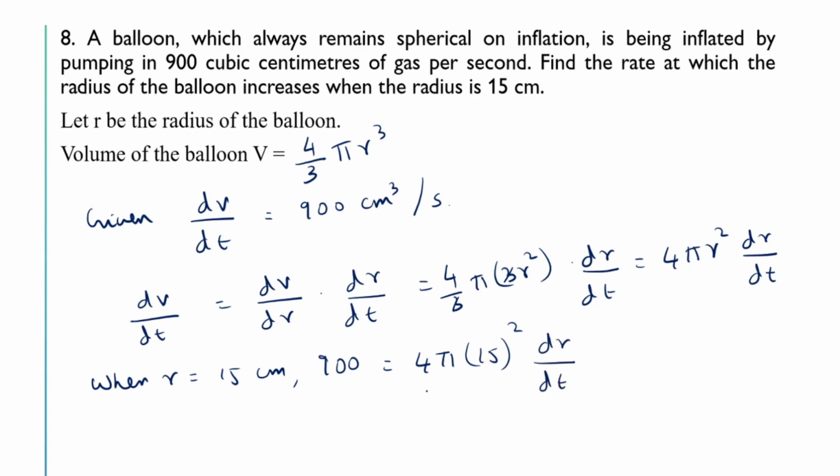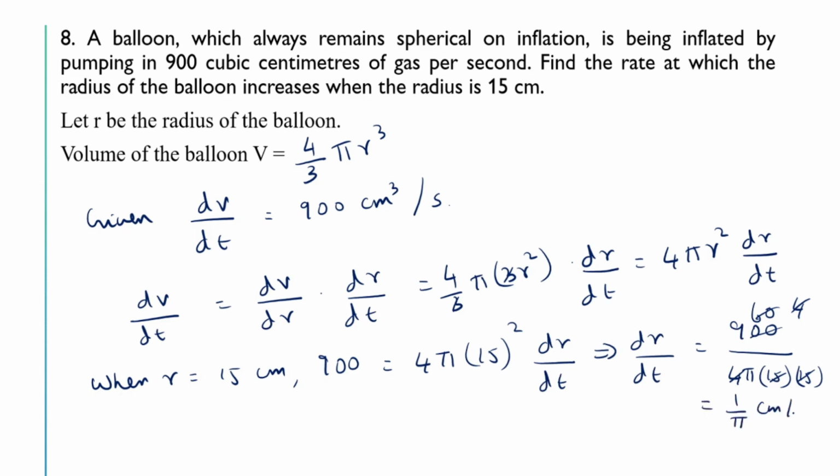So from this we get dr by dt is equal to 900 by 4 pi into 15 into 15. So this will go 60. This will go 4 times. So dr by dt is nothing but it is 1 by pi centimeter per second.